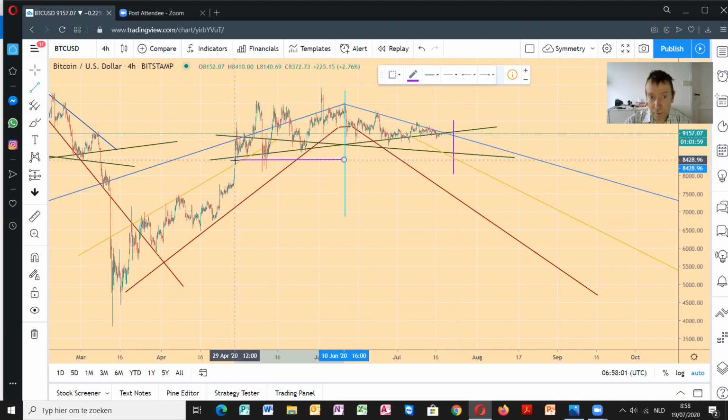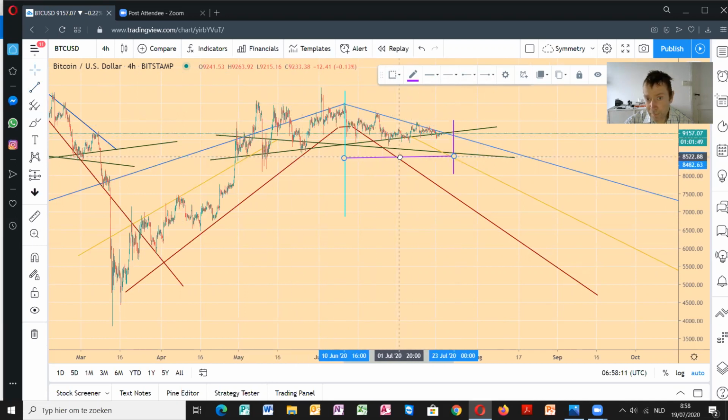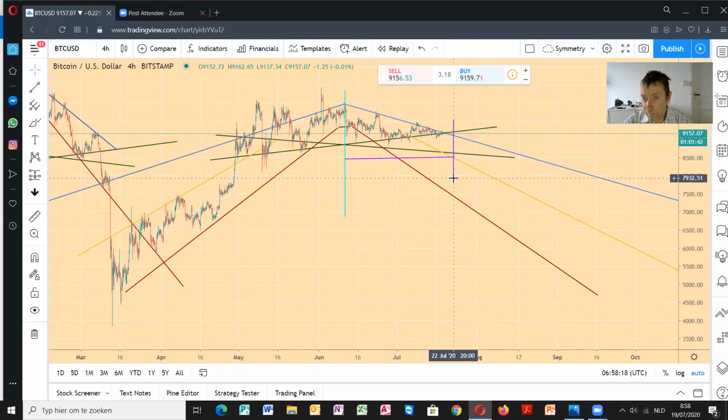So if we draw a line here until this big move and we place it on the other side, then we see that this is the right location for this purple line.